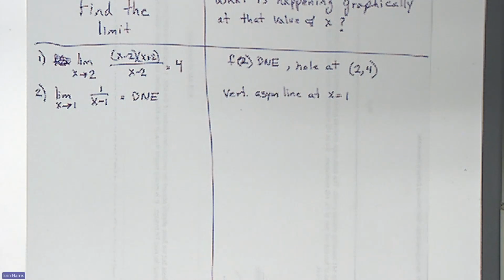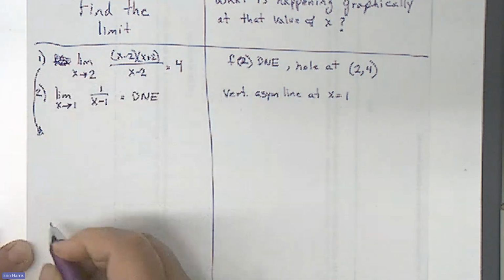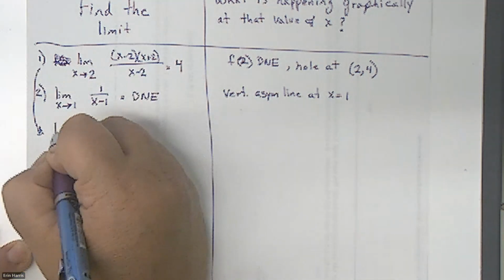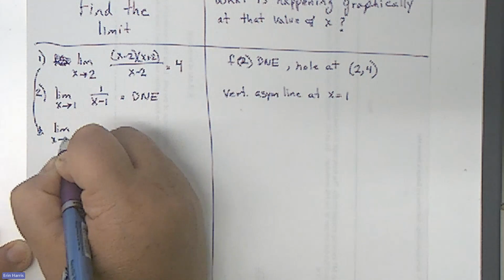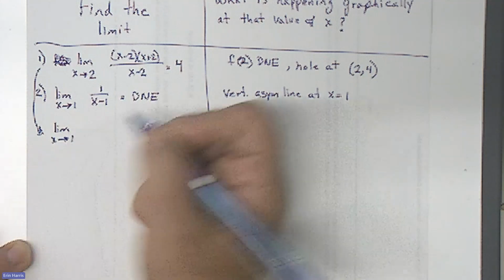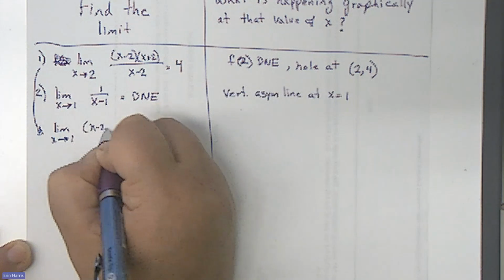Okay, so we're supposed to be thinking about why would I have a hole in number 1 and an asymptote line in number 2? Also remember that with the function up here, we looked at other limits. I forgot exactly what we plugged in, but I think we looked at the limit as x approached 1 for this function.